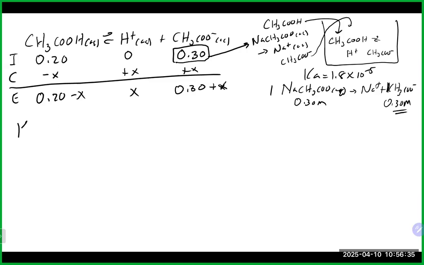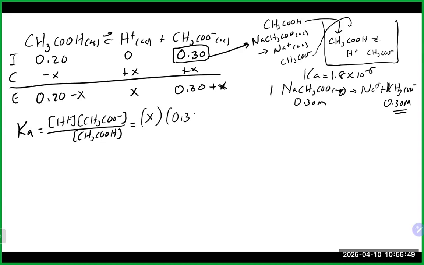This is going to go into our Ka expression for our weak acid, which is our acetic acid, like normal. And putting it in there gives us x times (0.3 plus x) divided by (0.2 minus x) equals 1.8 times 10 to the minus 5. Might as well assume that x is equal to 0 here.